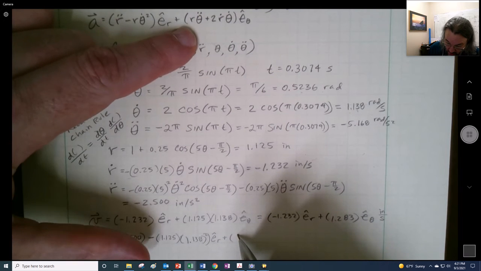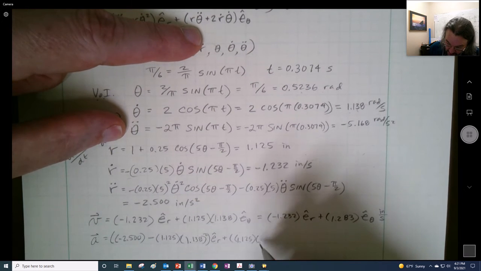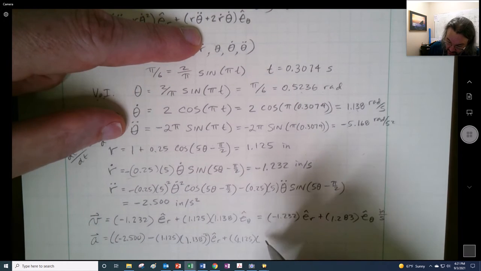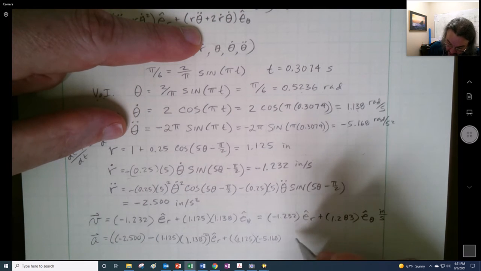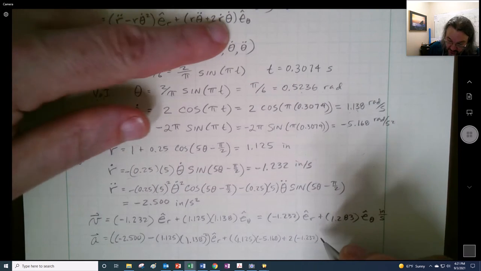plus, now we're going to go r. So r is 1.125. Theta double dot is a negative 5.168. And we're going to add 2 times r dot, which is a negative 1.232, times theta dot.